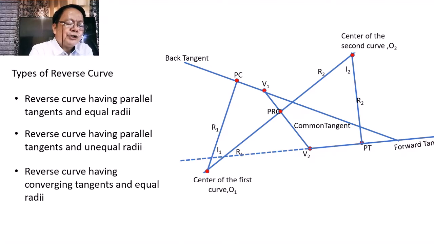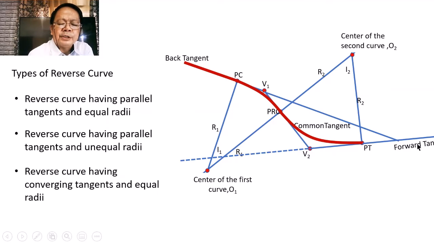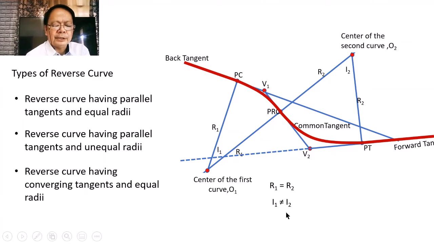From the back tangent, mag-end siya sa PC, then from PC towards PRC, then from PRC towards PT, and then from PT towards the forward tangent. That becomes now our reverse curvature. So, in this case, we have R1 equal to R2, and our I1 is not equal to I2 because we have a converging tangent.